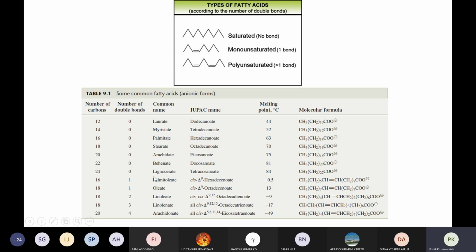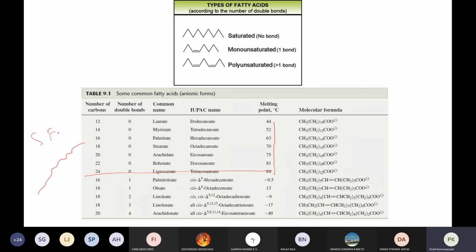All these are saturated fatty acids, and you can clearly notice that with an increasing number of carbons, the melting point also increases as the tail length increases. That is in the case of saturated fatty acids.